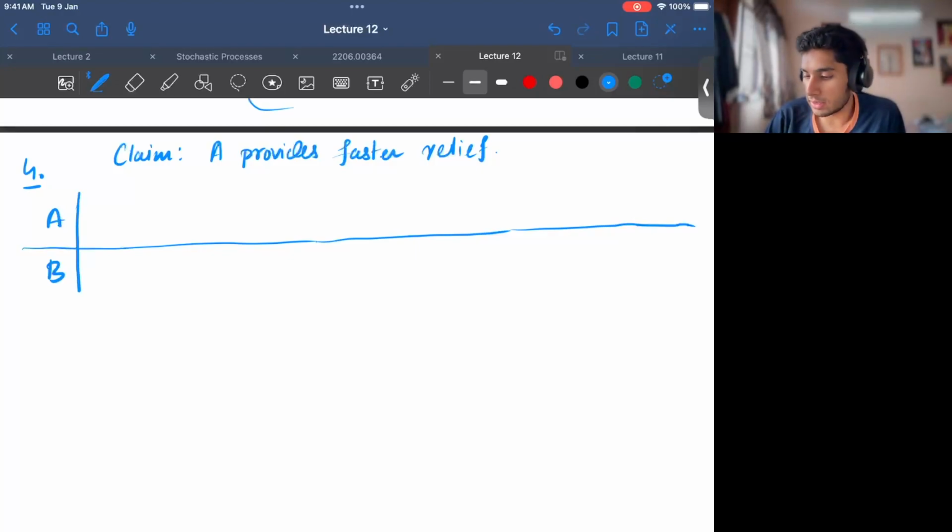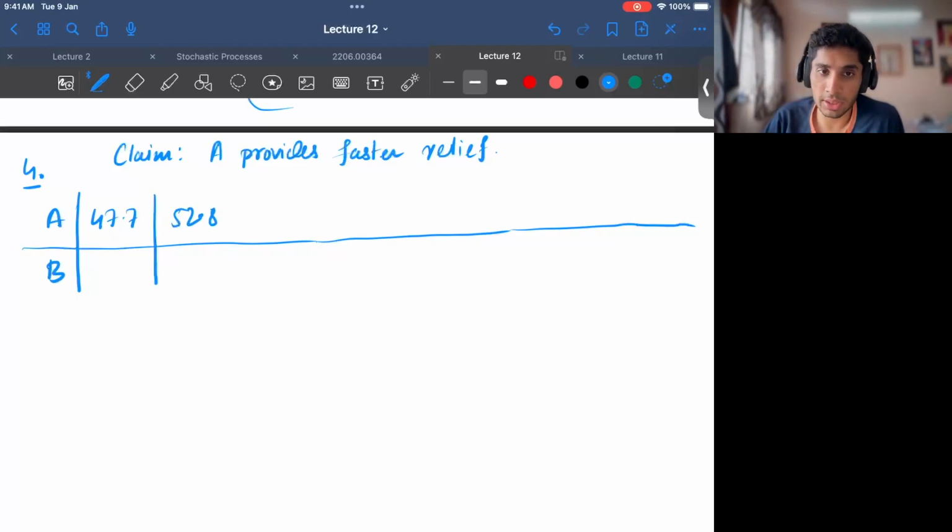So let's say this is brand A, brand B, and someone collects samples from both the brands. The release time for each brand gives the following samples, in minutes, to get relief from the pain.